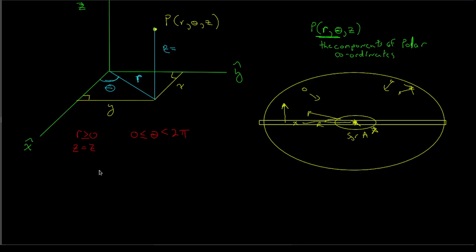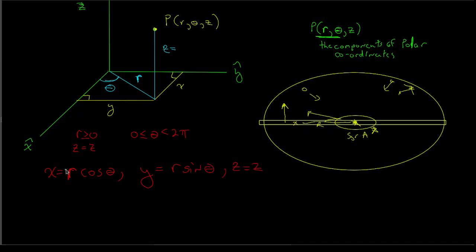So if we want to think about how we translate, then x is the same as the polar coordinate. X is that r vector times cosine of theta. Y is the r component times sine of theta. And z is equal to z.